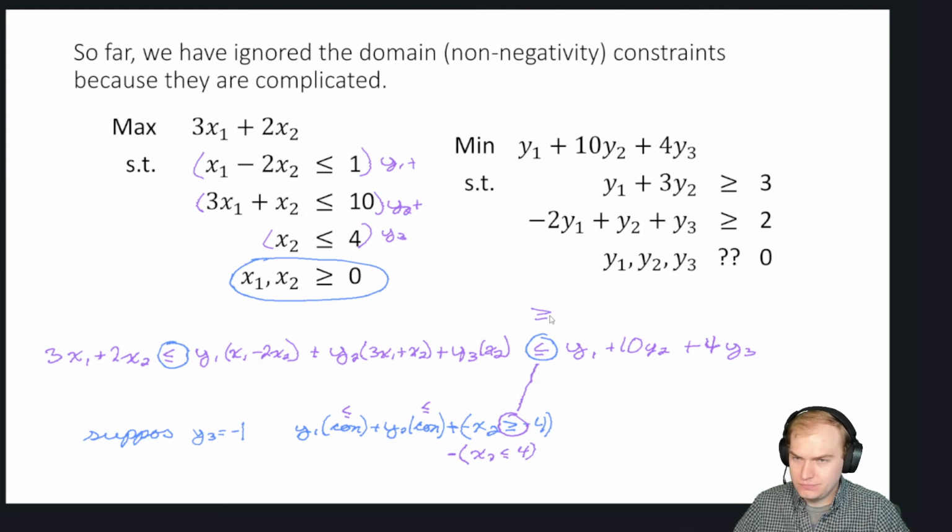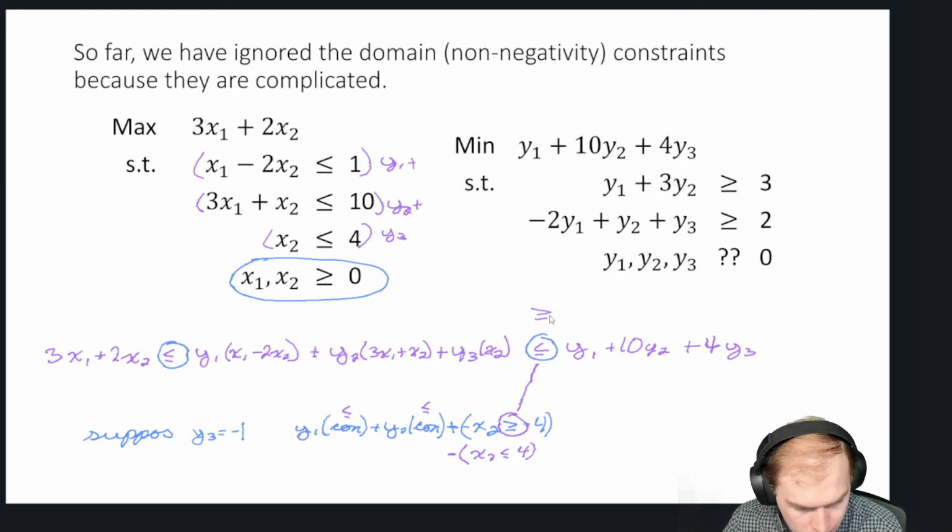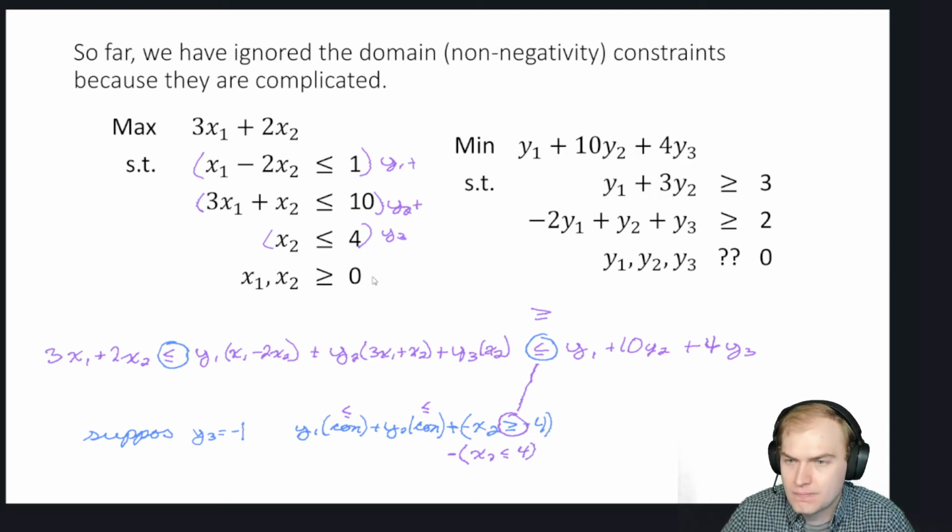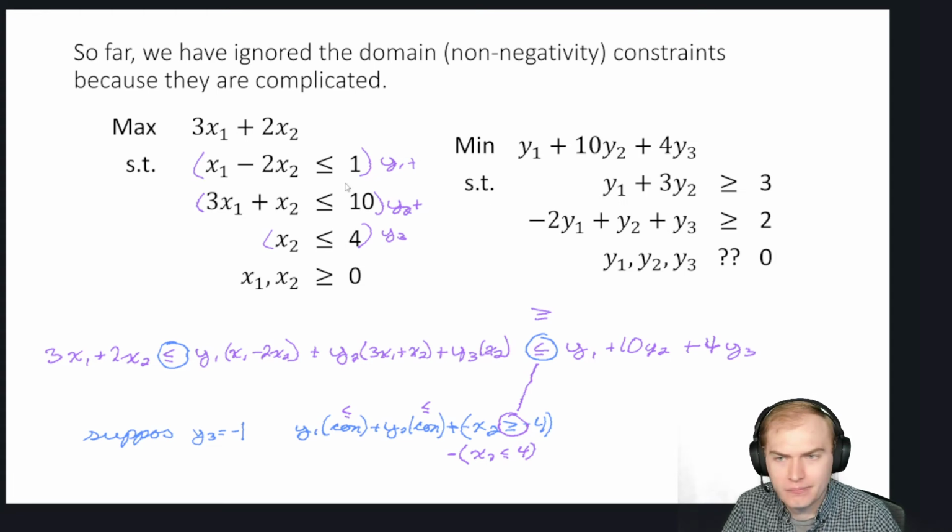Right. So what that all means is that every less than or equal to inequality corresponds to a variable, and if it's less than or equal to, that variable should be non-negative.